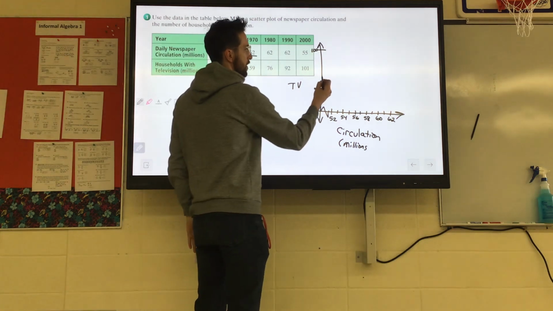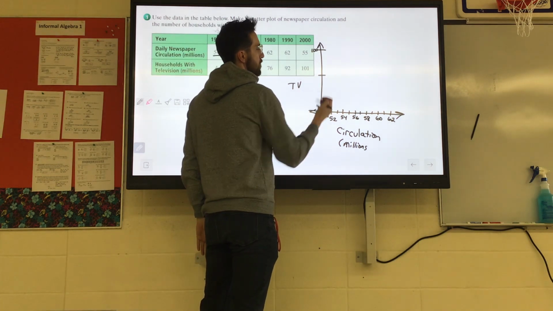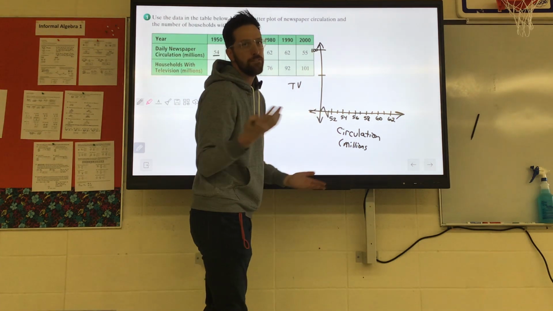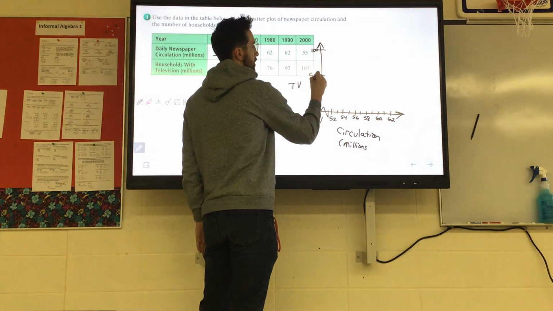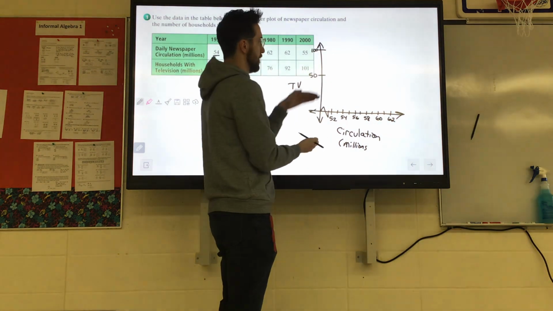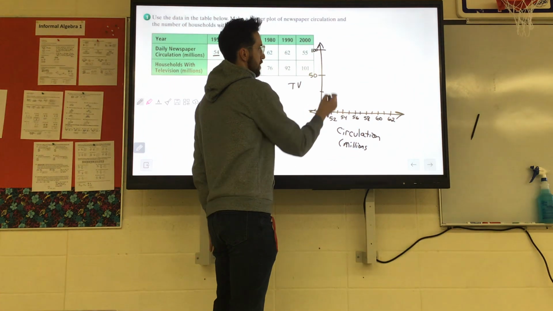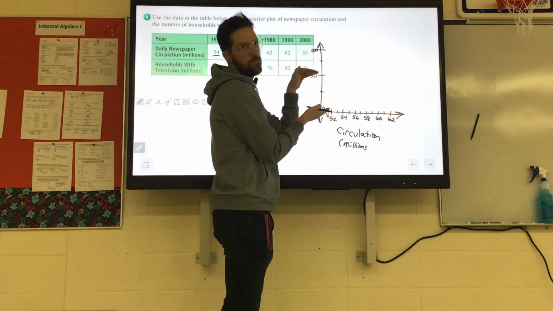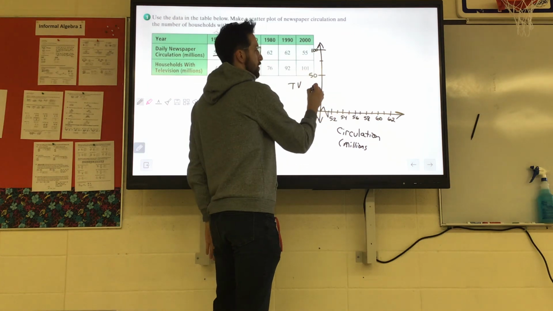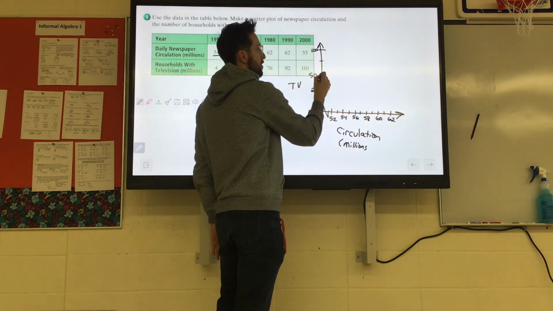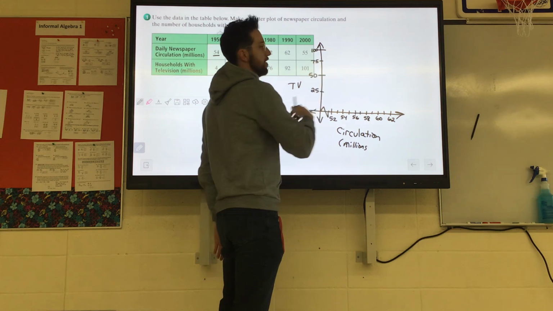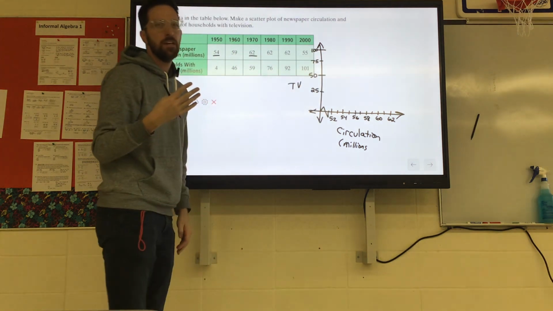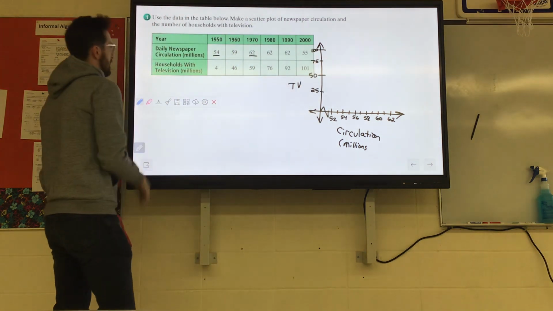What's between 0 and 100? 50. Then I find the middle of those sections. Halfway between 0 and 50 is 25. So we're going by 25s: 25, 50, 75, 100. Again, my graph isn't perfect, but I did my best.